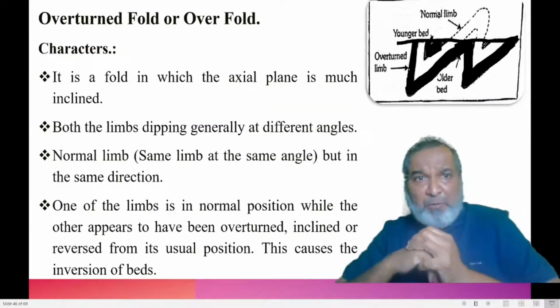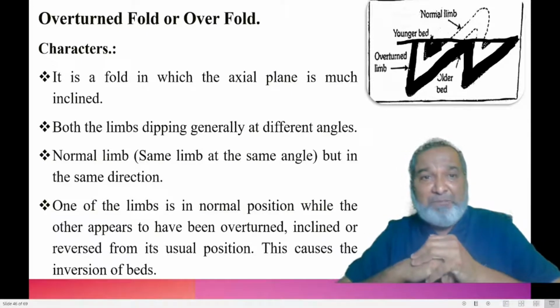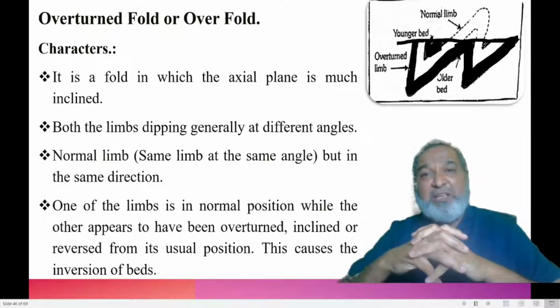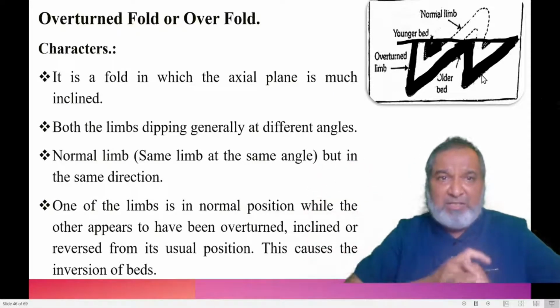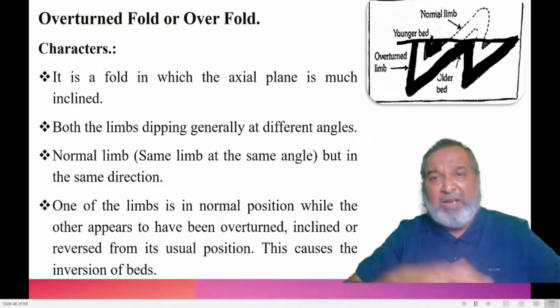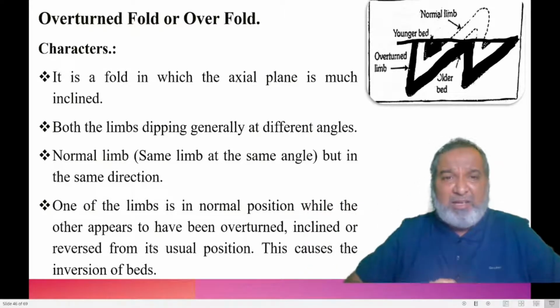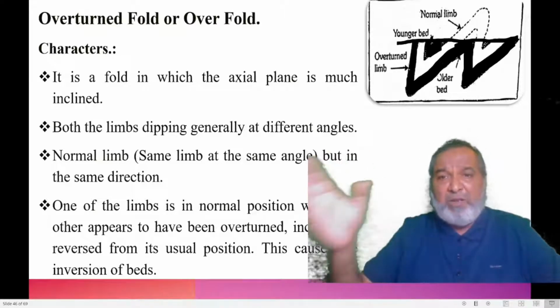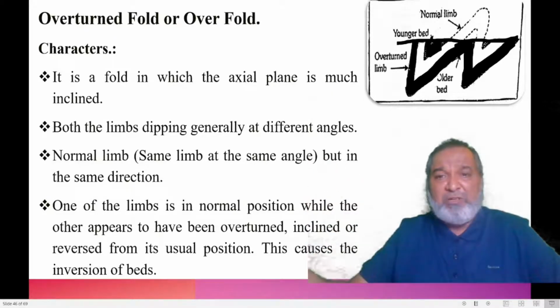Overturned fold. It is the fold in which the axial plane is much inclined. Both the limbs are dipping, generally at different angles. If you draw the axial plane, we'll find these limbs are dipping at different angles, but in the same direction. One limb is in the normal position, while the other one is in the overturned, inclined or reverse position.